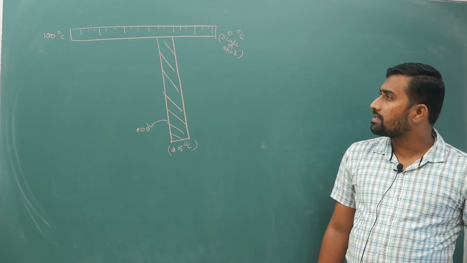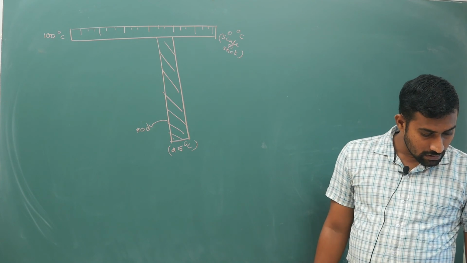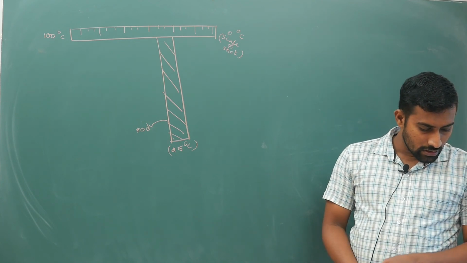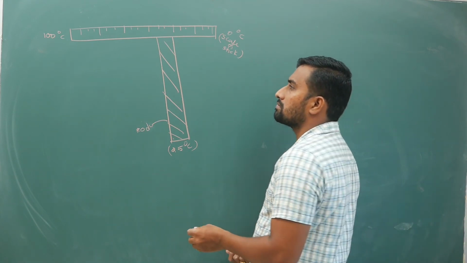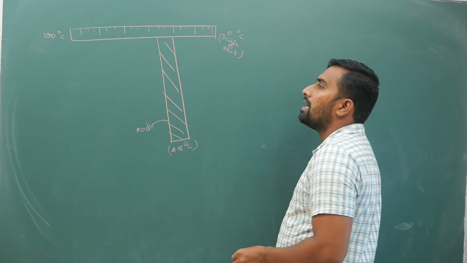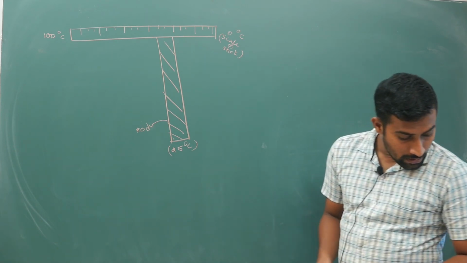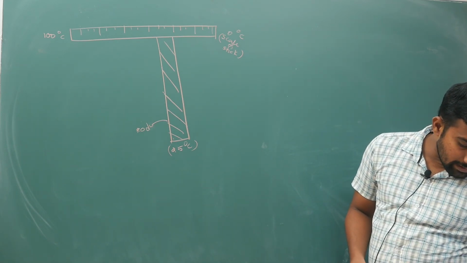What is your question? Where should the other end be touched on the meter stick so that no heat current flows in this rod? Okay, so you have a rod and a meter stick.